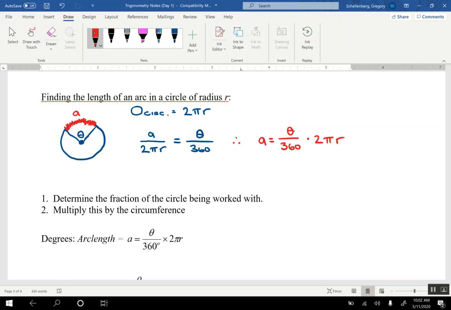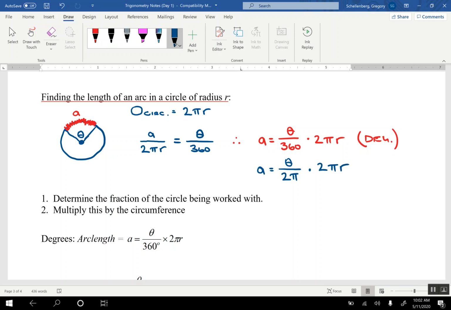Now, this is a formula for working with an angle in degrees. What would we change if we were working in radians? That 360 degrees would become 2 pi radians. Everything else remains the same.